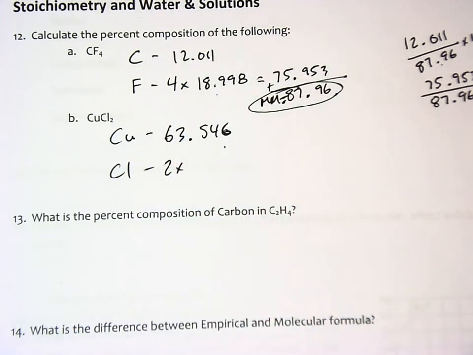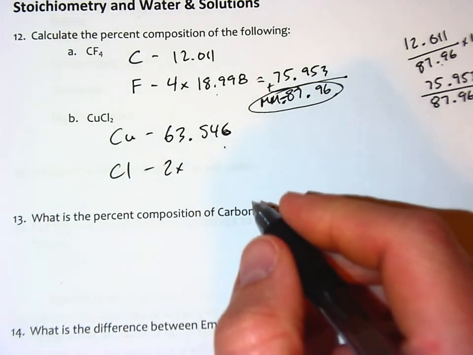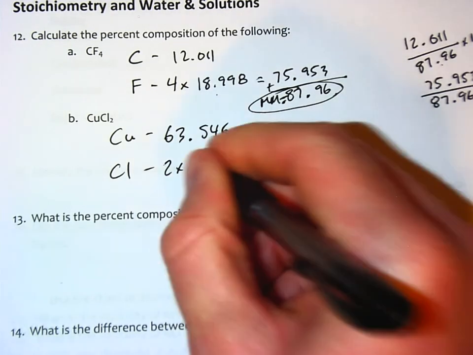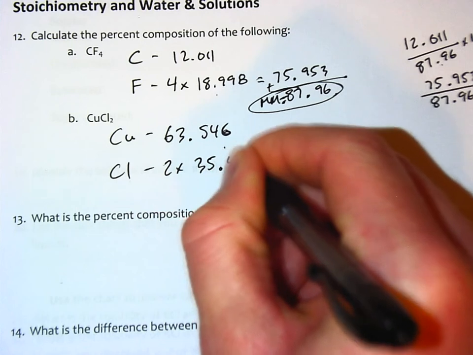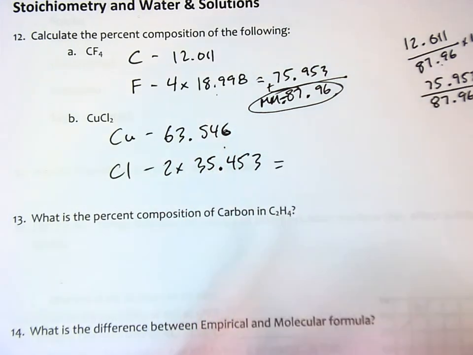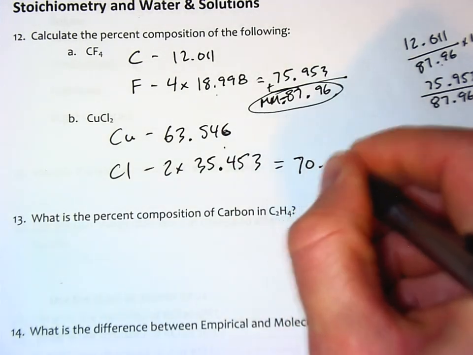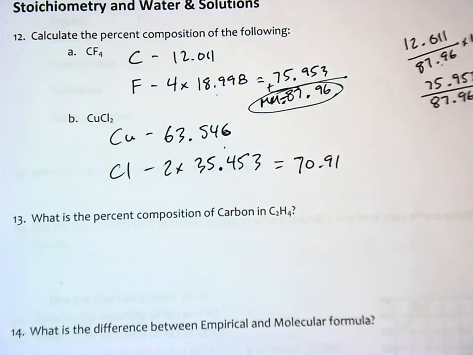Chlorine is 35.453. Multiply that by 2, which gives me 70.90 or 70.91. All right.